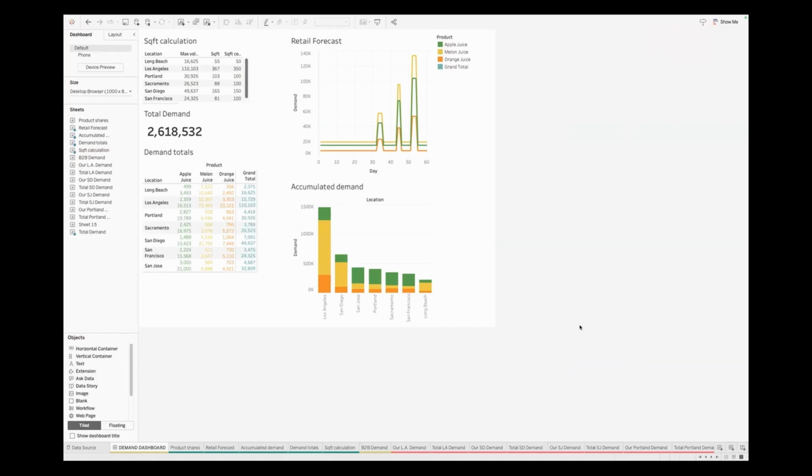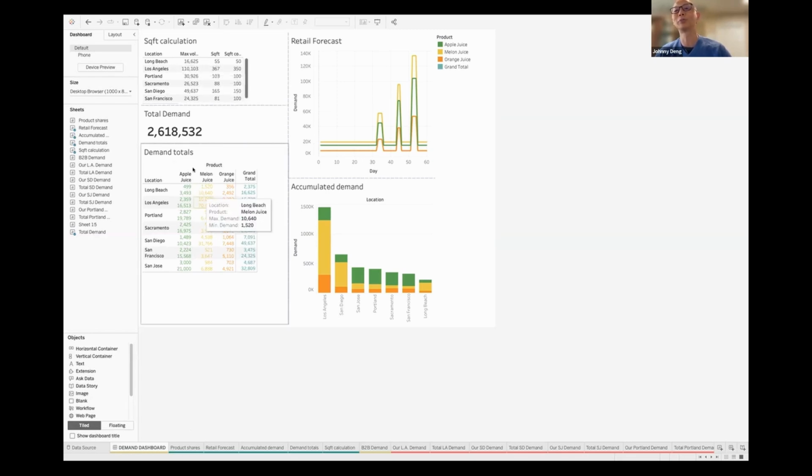Yeah, so this is one of the teams. Before they run the simulation, they're using Tableau. They extract the live database data from the MonsoonSIM they ran in the previous days, and they also use the data from the forecasting module, so they were strategizing and visualizing what's going on: the different location demands on different products, and the square footage they needed, because based on the demands, they anticipate how many inventories they need to buy on different days, and they need to understand the square footage they need for each location.